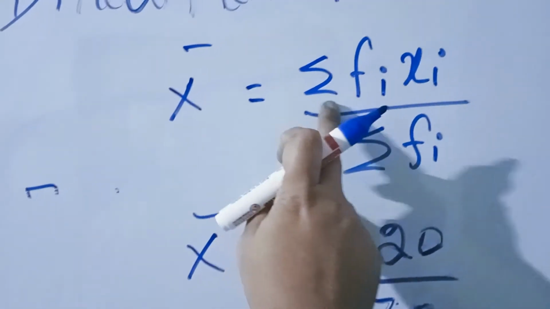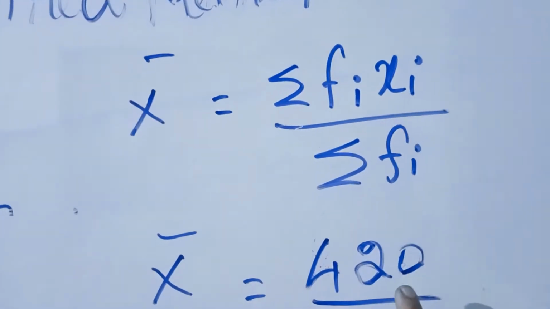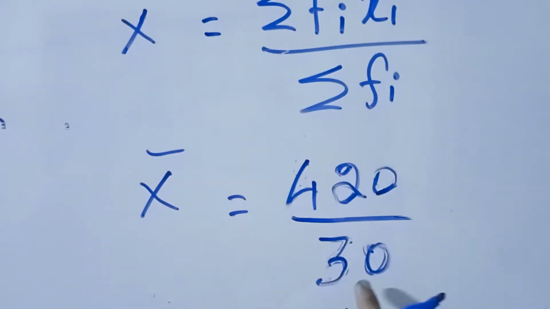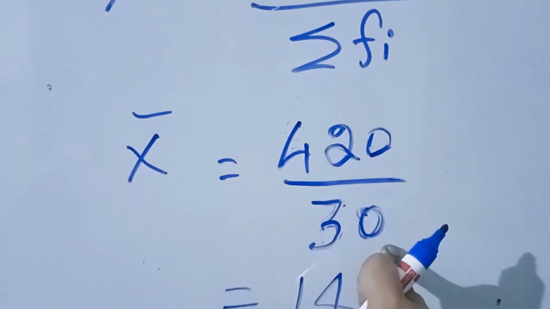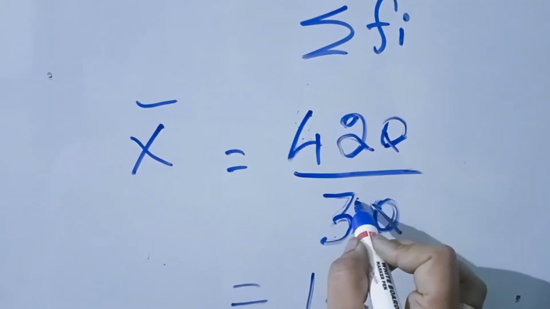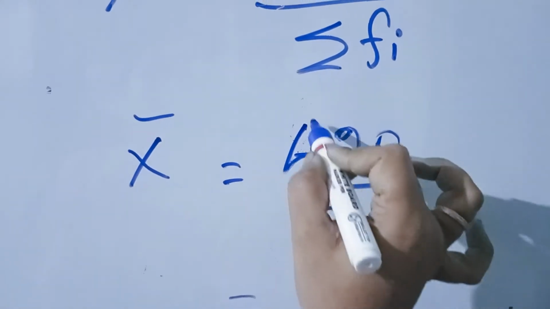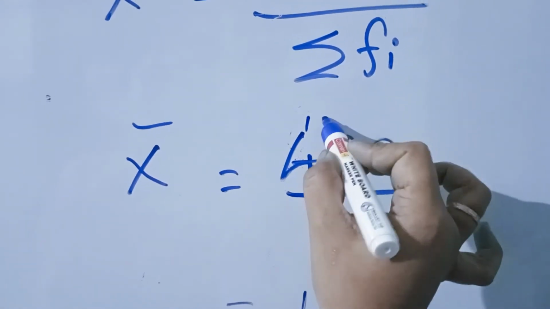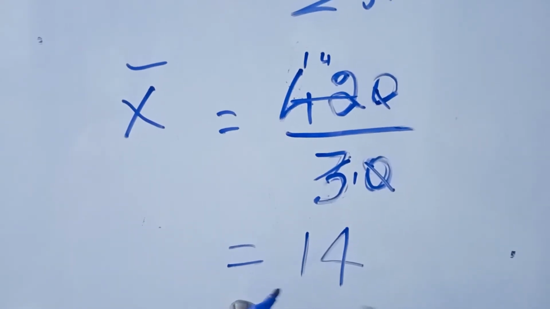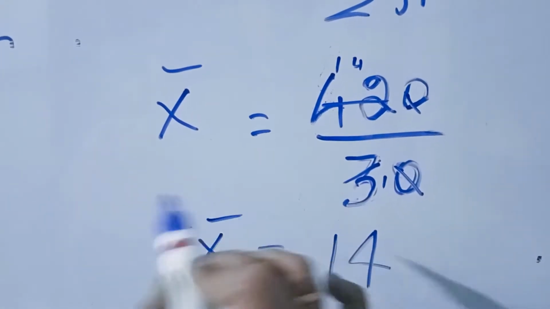Applying it, sigma fi xi is 420, divided by sigma fi, which we got already, that is 30. We can divide this: the 0s get cancelled. Cancelling with the 3 table, 3 1s are 3, remaining 12, so 3 4s are 12. 14 is the answer. So mean, that means x bar, is equal to 14.